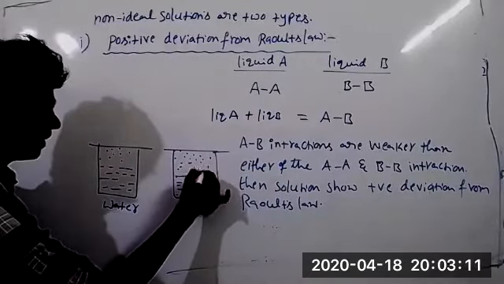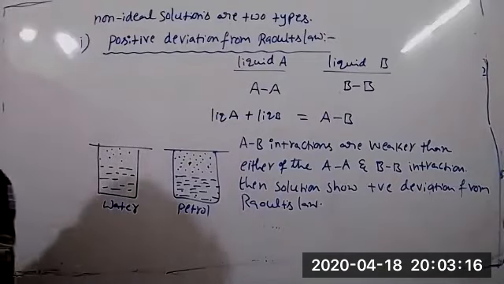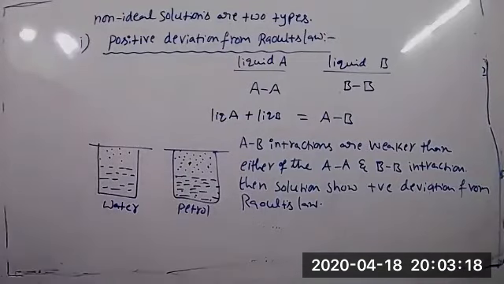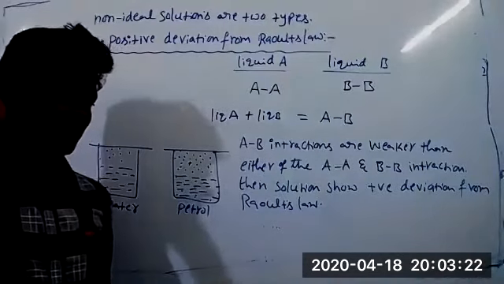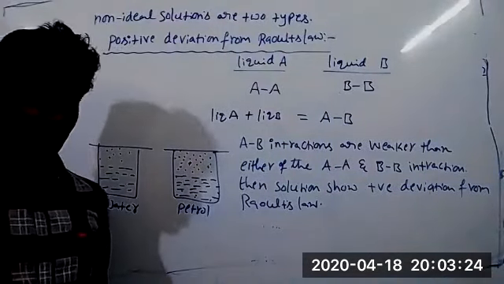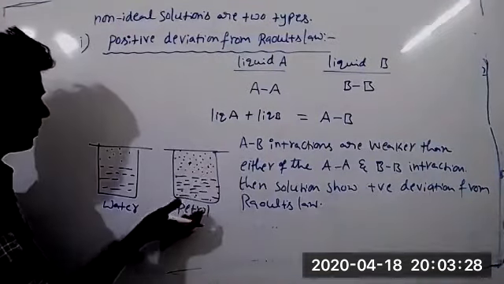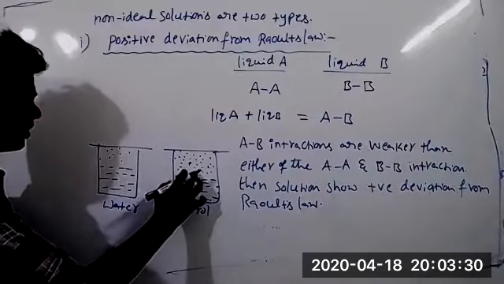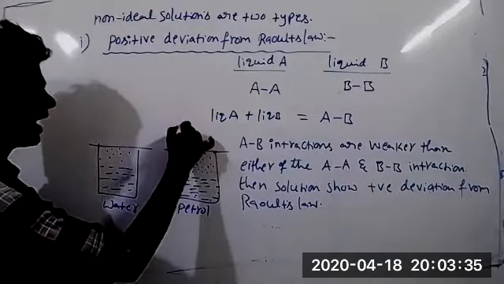Which is volatile and which is highly volatile, water or petrol? Petrol. Yes, highly volatile. Which one easily converts to vapor? Petrol, yes. At room temperature even, petrol easily converts to vapor. It has a very low boiling point compared to water. That's why its vapor pressure is very high.